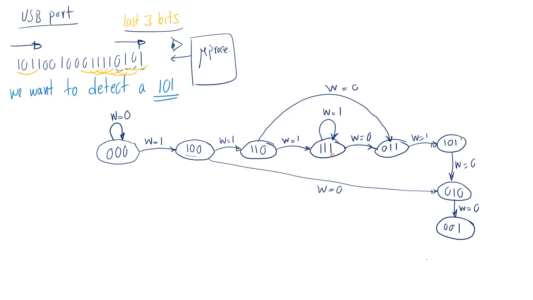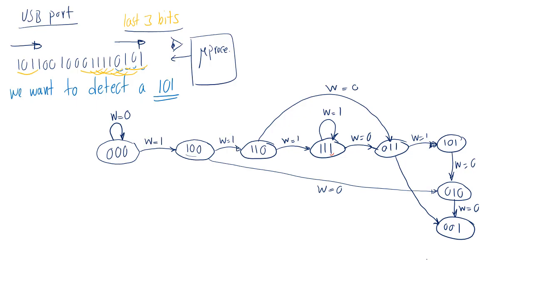Now, for the 1, 1, 1, we consider W being 1 or 0, so nothing is really left to consider. For 0, 1, 1, we said if W is equal to 1, we're going to 1, 0, 1, but if W is 0, we're going to go to 0, 0, 1, which is here. Next, for 1, 0, 1, if W is 0, we know where we go.